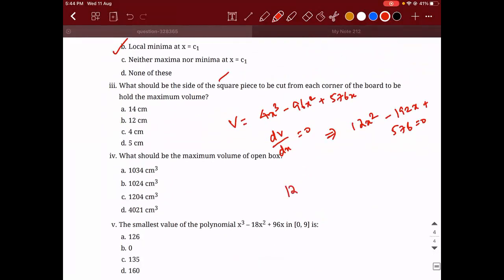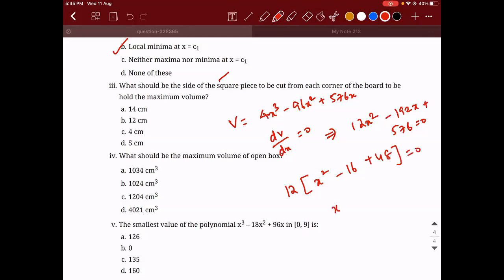So if you take the 12 outside, you will have x square minus 8 into 2, is it 16x, plus 576 by 12, is how much? 12 4s are 48, 12 8s are 96, so it is 48.